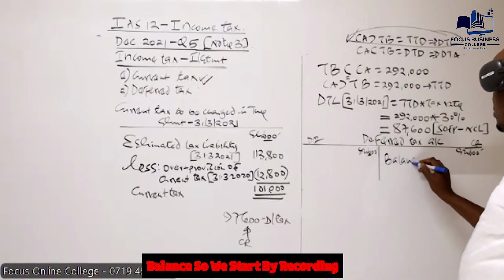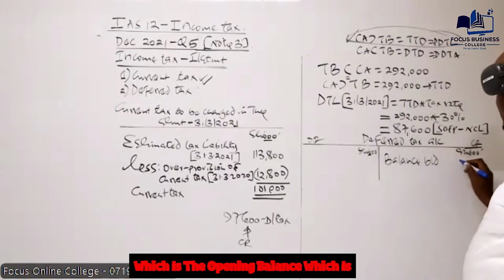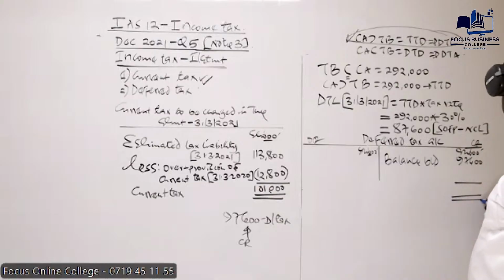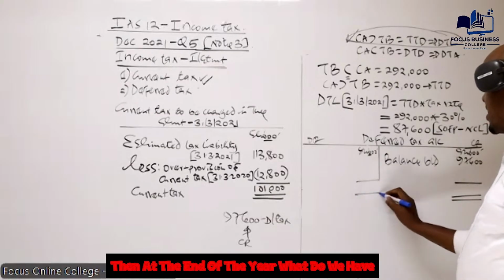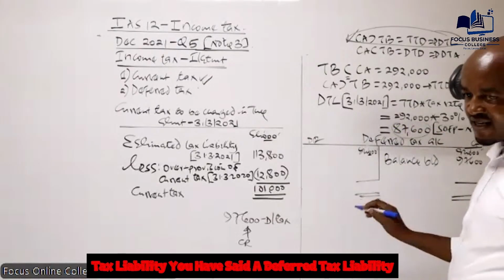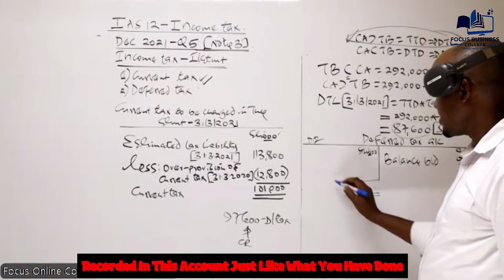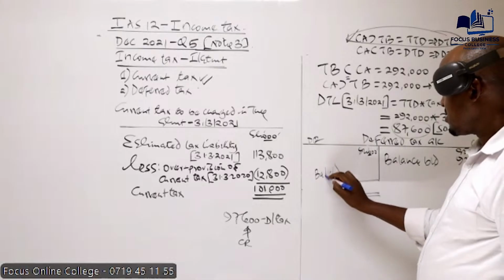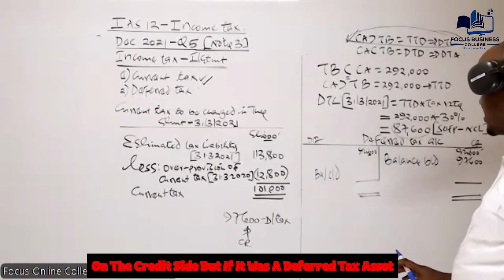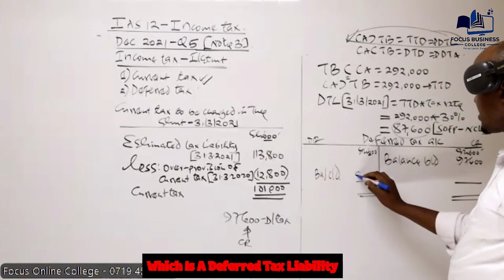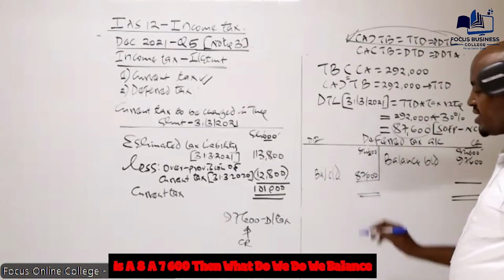So we start by recording the balance brought down, which is the opening balance, 97,600. Then at the end of the year we have the deferred tax liability, which should be recorded in this account on the credit side. If it was a deferred tax asset, we would record the balance carried down here. So the balance carried down, which is the deferred tax liability, is 87,600.